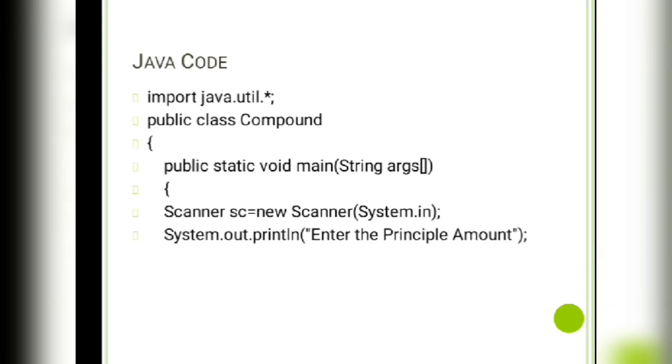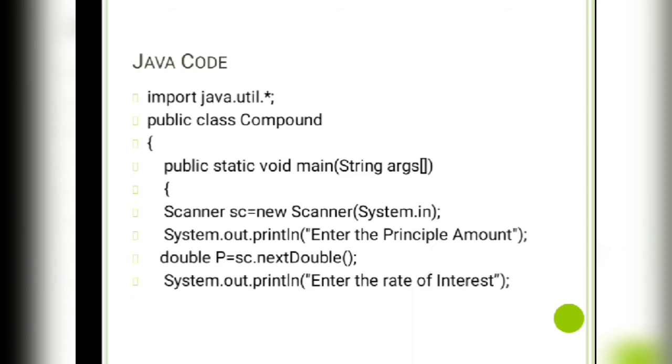Now give a message to the user to enter the principal amount. The principal amount might be an integer, a double or a float, so to be on the safer side we are taking a double variable. We are taking the P variable to store the principal amount.